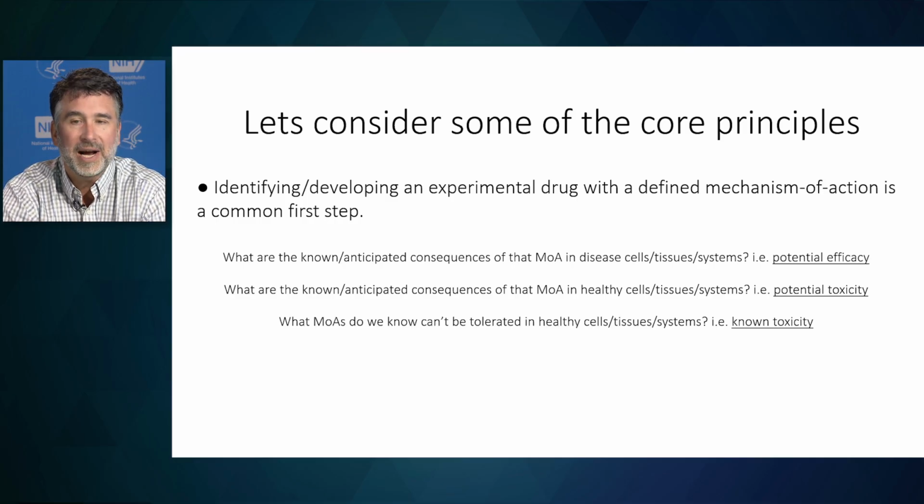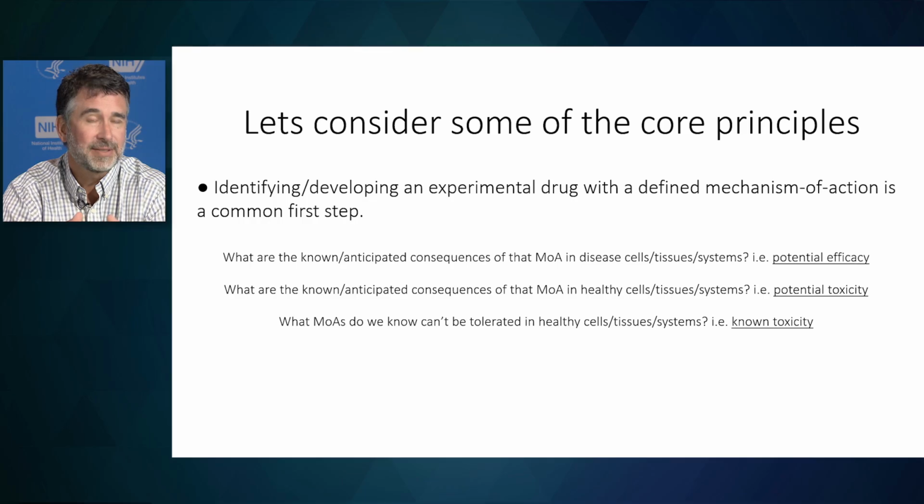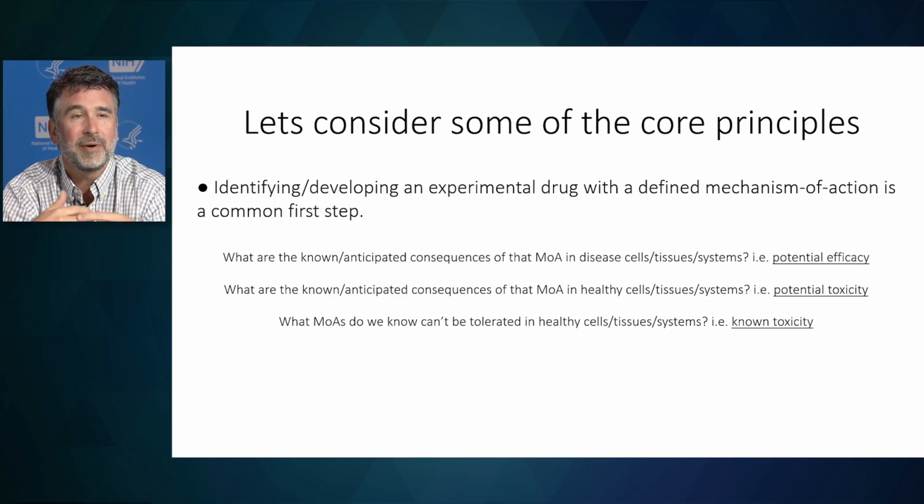So beyond that, we have a handful of mechanisms of action that we know can't be tolerated by healthy cells, by the tissues, by the systems. These are mechanisms of action that we've learned through trial and error, hard-fought lessons, lessons that doomed many drugs. If we have an off-target event at one of those mechanisms, we know that molecule or that potential drug is probably not going to survive the development phase of a drug. So these are known toxicities. Common examples include the hERG channel.